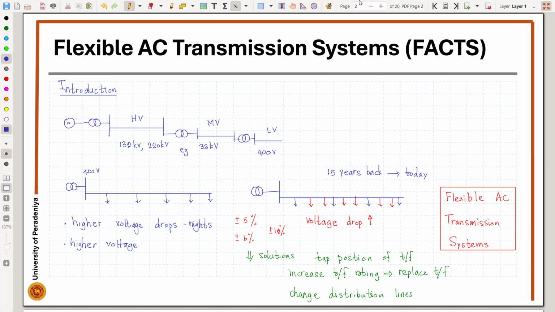So what we said is that if you try to install another line or transformer, that can be costly. So if we have an option where we don't need to build another transmission line or distribution line, that would be useful. So there what we discussed is that flexible AC transmission systems, FACTS devices, will be useful.